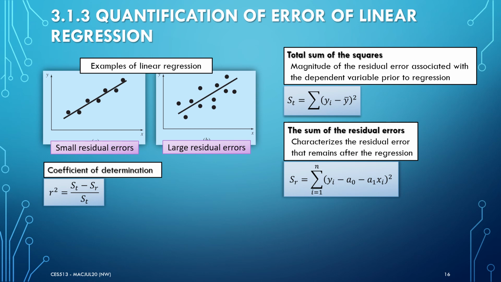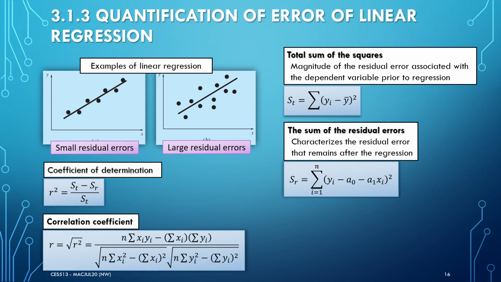Because the magnitude of this quantity is scale dependent, the difference is normalized to ST, where R square is called the coefficient of determination, and R is called the correlation coefficient.